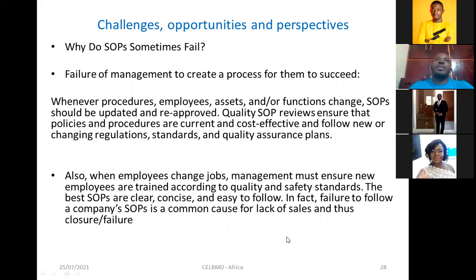Just like every other practice, it's possible to fail even with SOPs. Why do they fail? A very common reason is that management determines that they need SOPs, they develop SOPs, they adopt the SOPs, but they fail to create a process, a system for them to succeed.